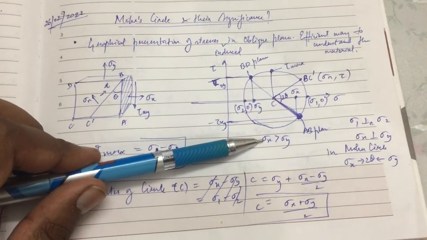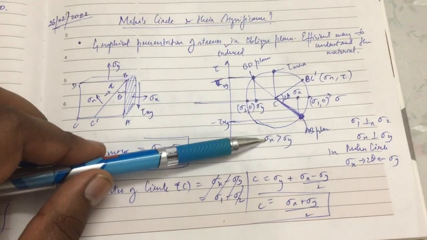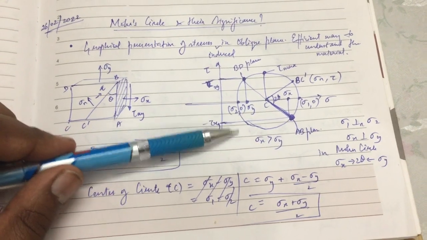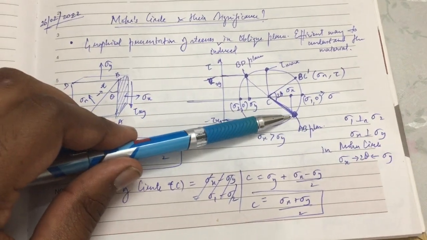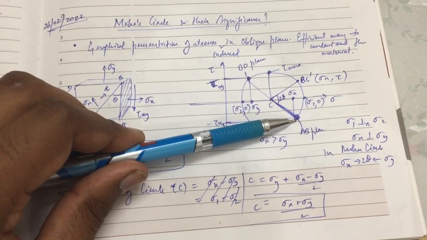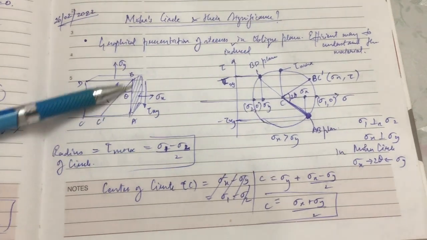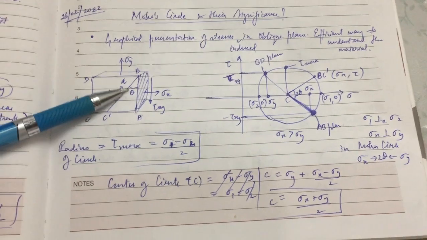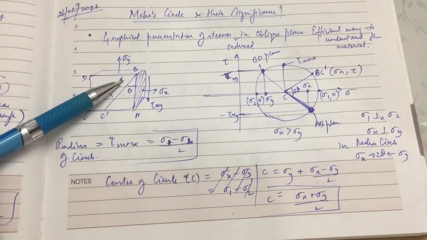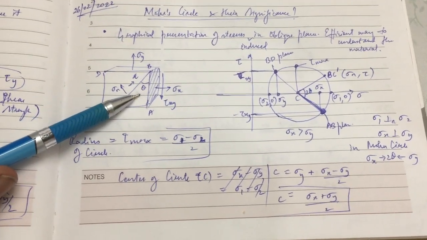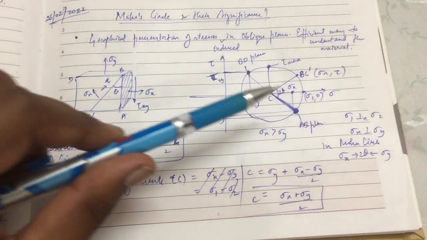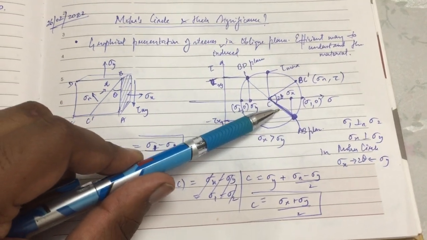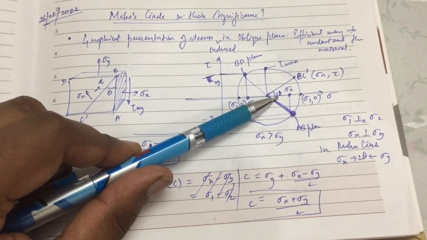From this graph we can see that we are assuming the tensile stress sigma x is greater than sigma y in this case, and the plane AB is plotted here. If this point represents this plane at a given angle delta t, when it is represented in the Mohr diagram, you always have to refer to it as 2 delta t.